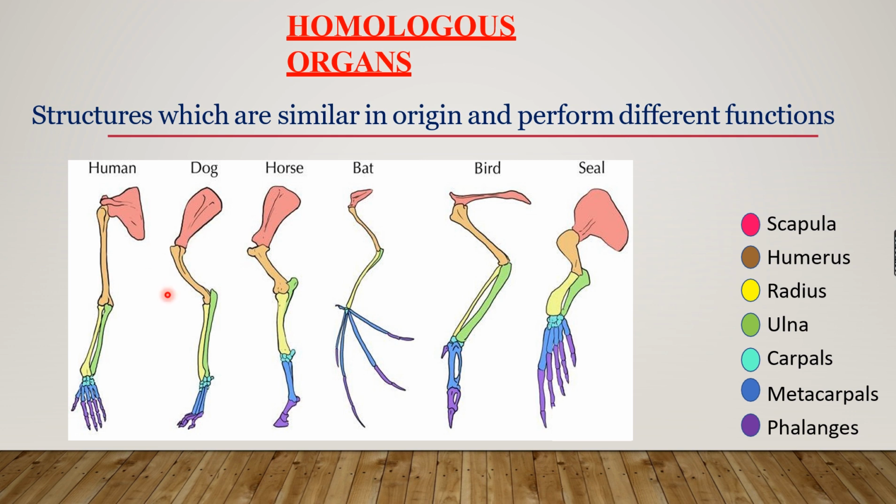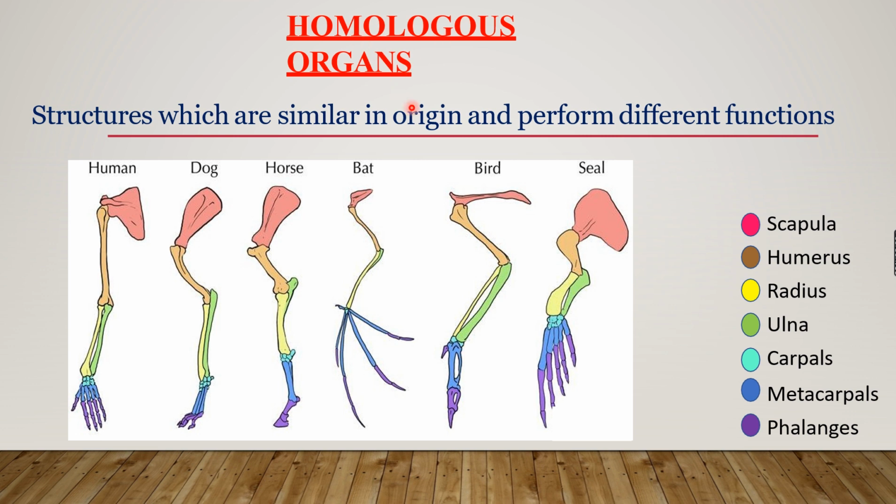For dog, for running, burrowing. Bat, it is modified wings. In bird also modified wings. In seal, it is useful as flippers for swimming. So they have similar structural pattern in the bones, but they perform different functions.